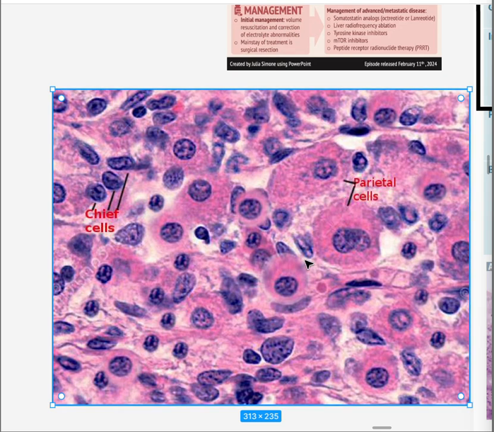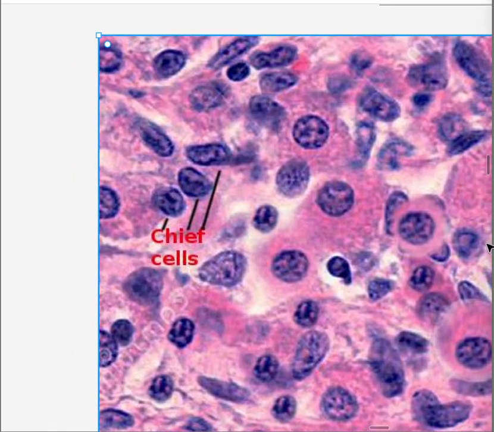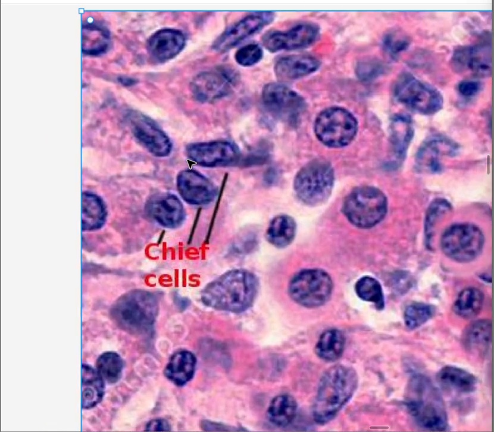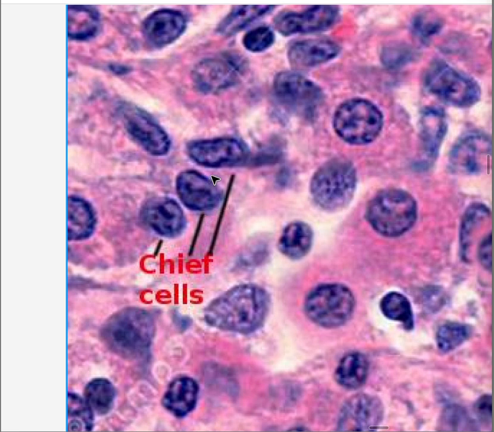And then we have the chief cells. Chief cells are basically present in the base of the gastric glands. They're found deeper than parietal cells. They're smaller columnar cells, basophilic, very bluish due to abundant rough endoplasmic reticulum. They have a basally located nucleus and they have zymogen granules because they secrete pepsinogen, and this pepsinogen is converted to pepsin in the acidic environment.